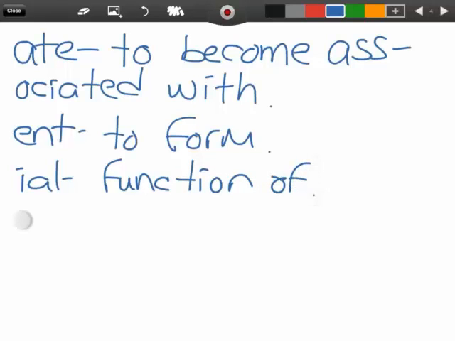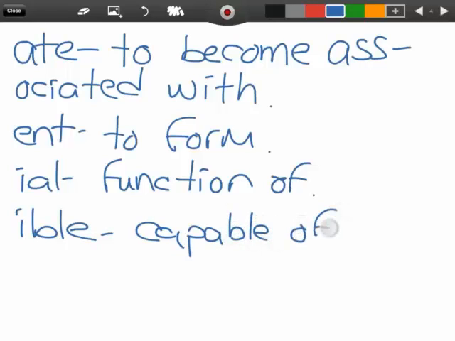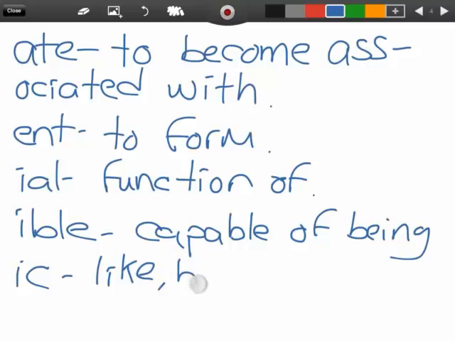Moving on to my next suffix is able, and able means capable of being. Moving on to my next suffix is ic, and ic means like, having nature of.